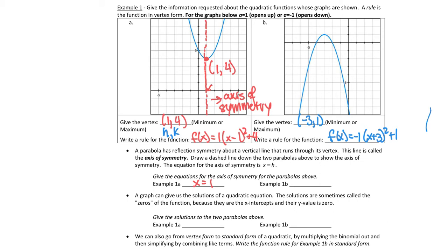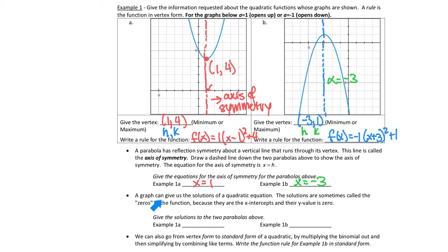On example B, my axis of symmetry, once again, runs down the center. So there's my line. And it looks like if we talk about our h and our k, we've got x equals negative 3. So x equals negative 3.